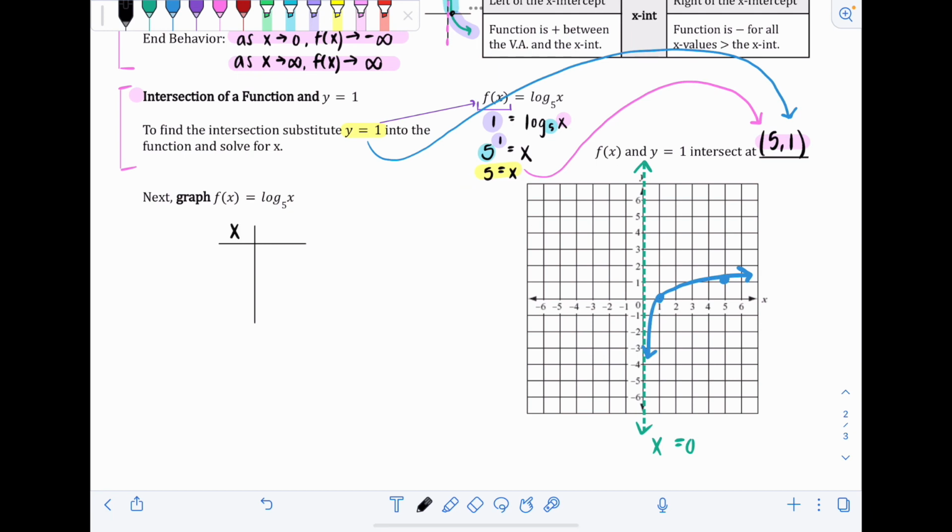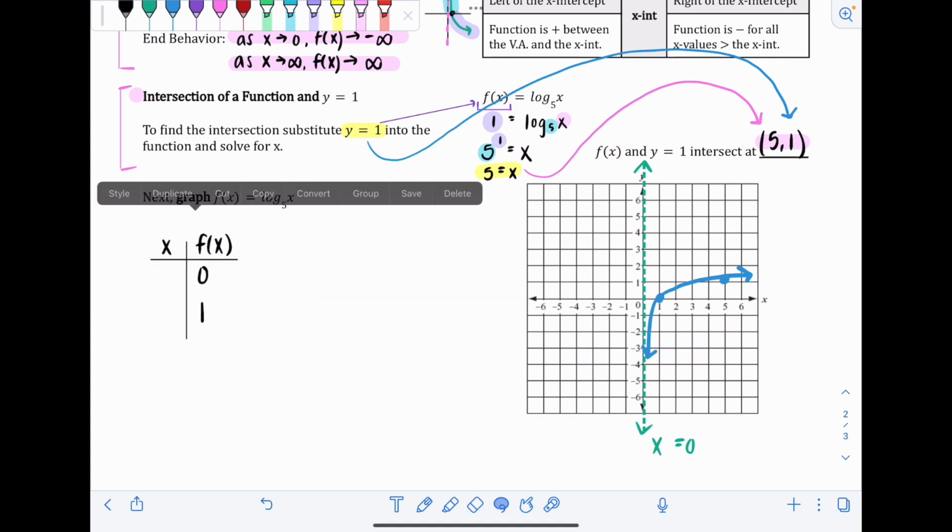So if this is x and f of x, first we found the x-intercepts, and x-intercepts occur where f of x equals 0. And then after that, we found the intersection of the function and y equals 1. So y and f of x are interchangeable, so that'd be f of x equals 1. If it's helpful to find it this way, which I would imagine might help streamline things, you can just create a little table like that and work it backwards.